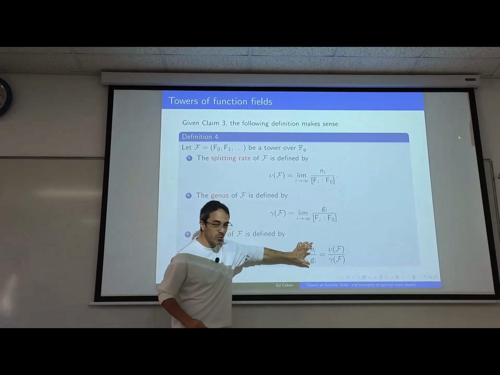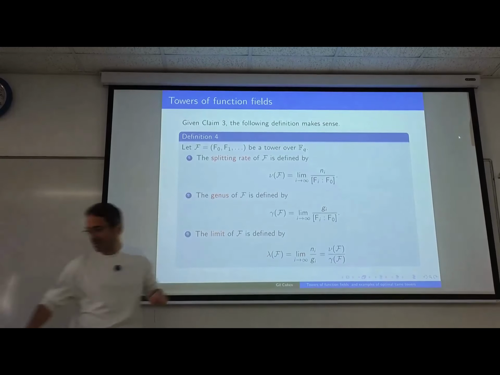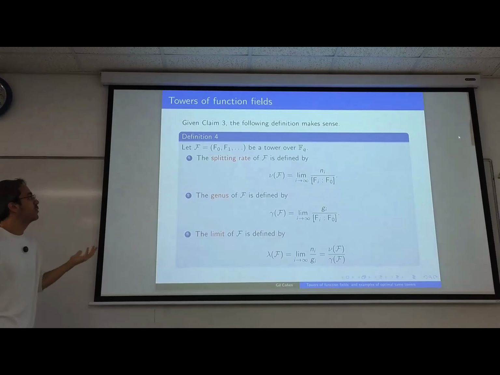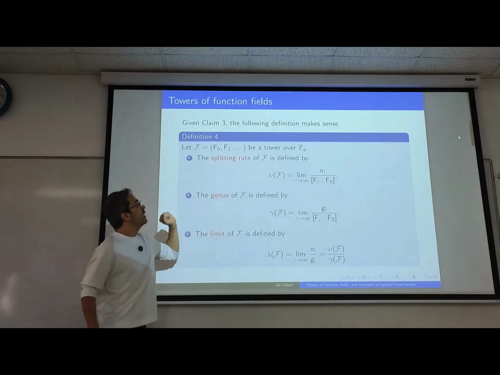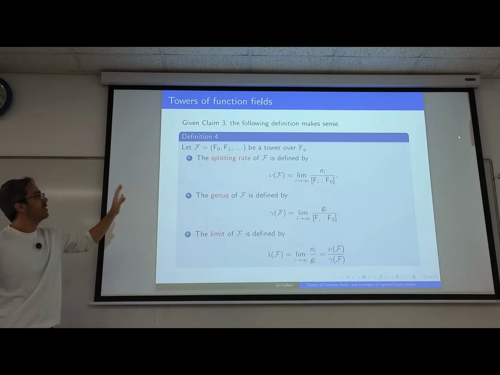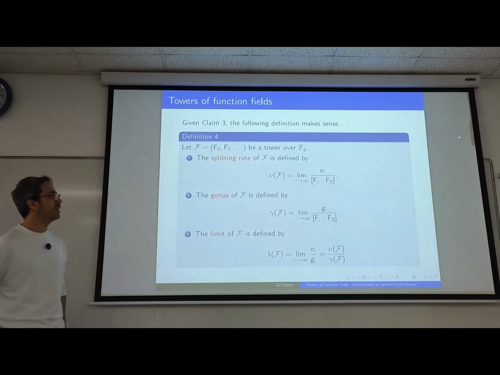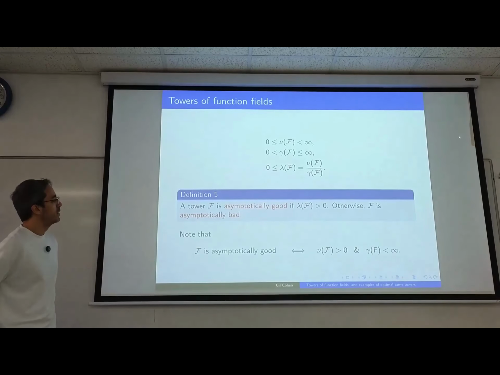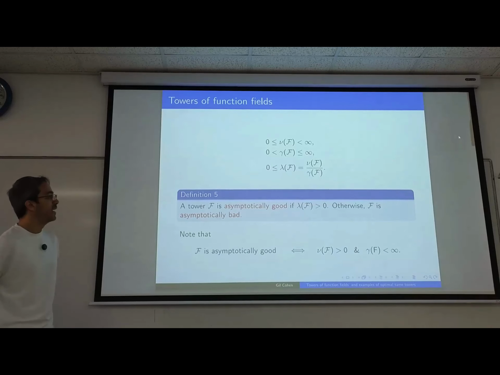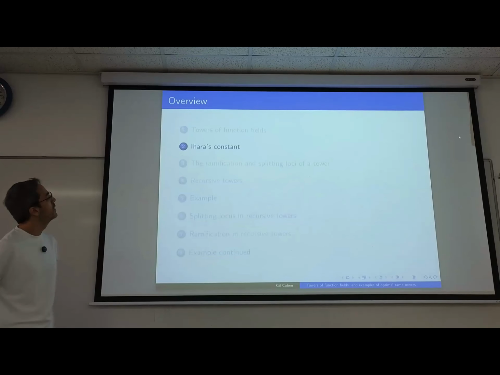So we want this number to be as large as possible for the given F_q. All function fields here share the same, by definition, constant field. So we want lambda to be large, in particular not zero.